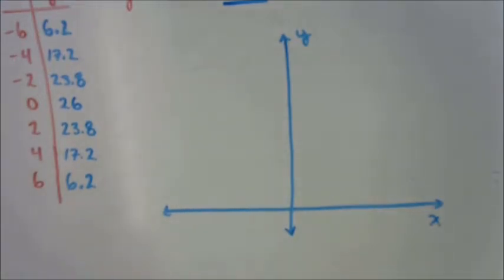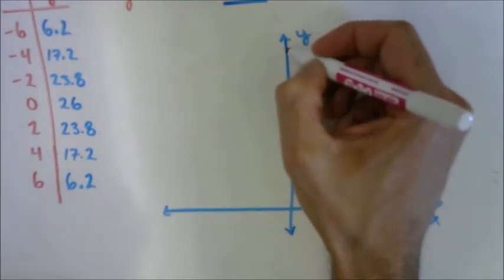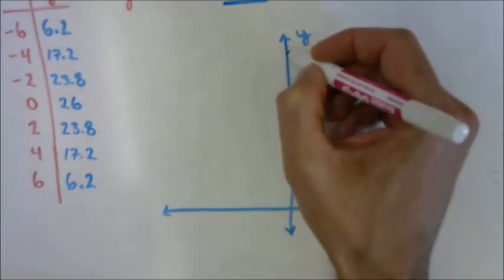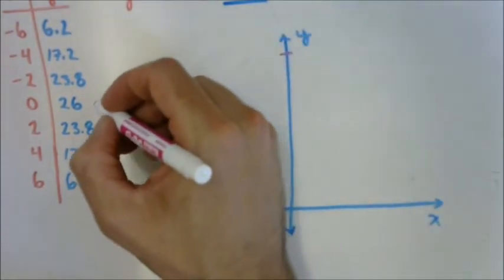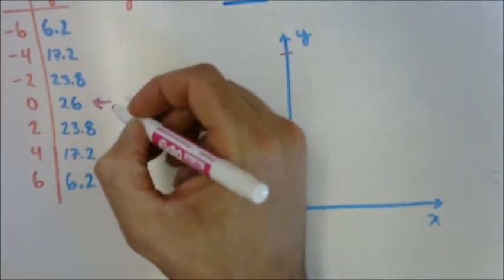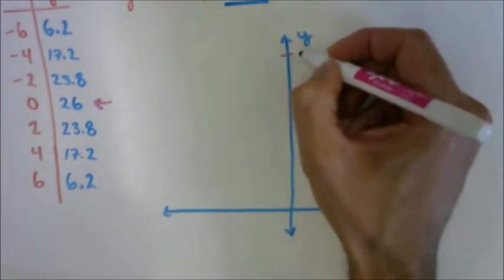We've got the point negative 6 and 6.2. Well, let's talk about our scale here. I'm trying to go quick before the end of class. But our scale, the maximum height is right here, right? The maximum value is 26, so I maybe want to go up to about 30.